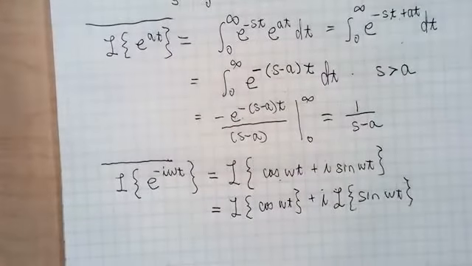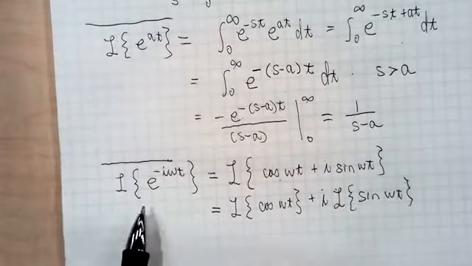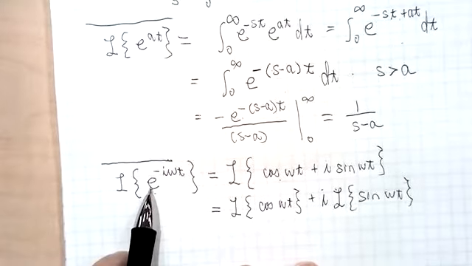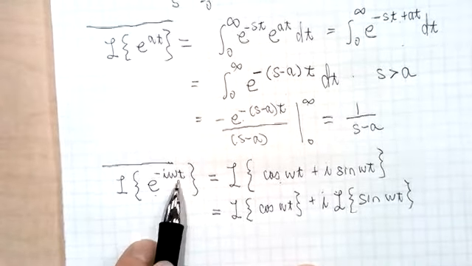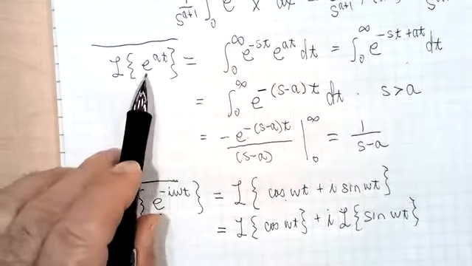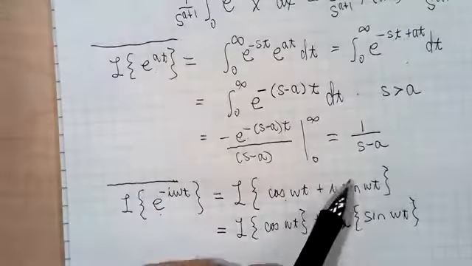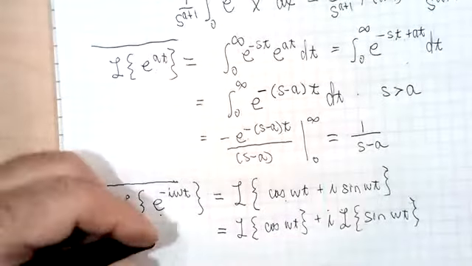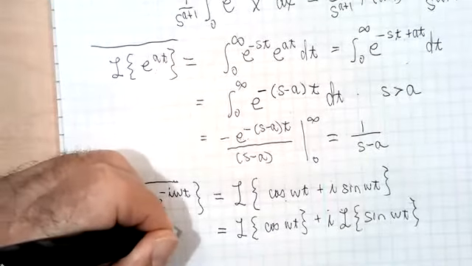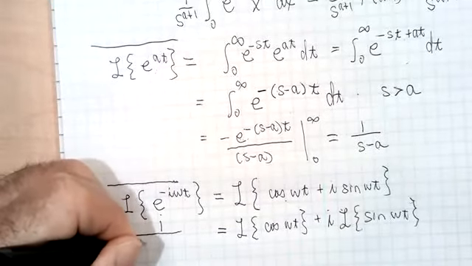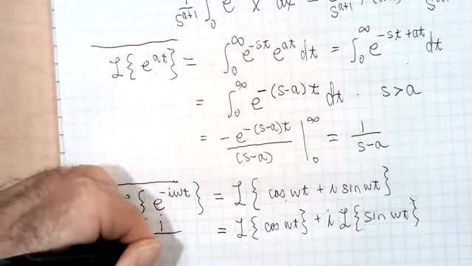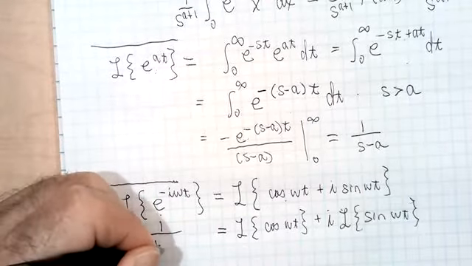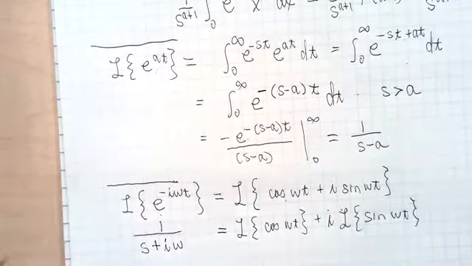Well, that's a nice start, but it's not quite done. What is the transform of e to the i omega t? Well, no matter what a is, e to the at has transform 1 over s minus a. So that is 1 over s minus a minus i omega.